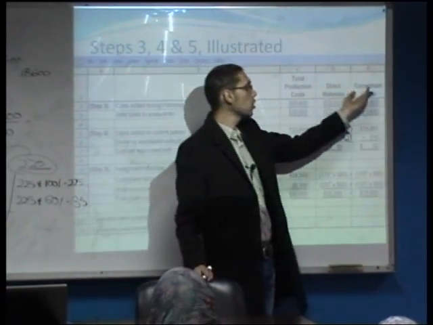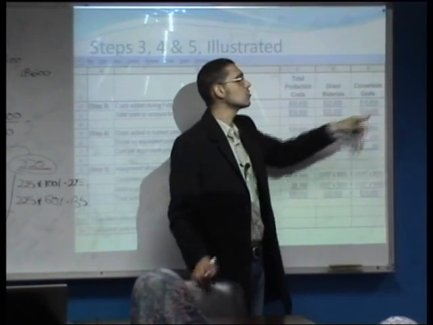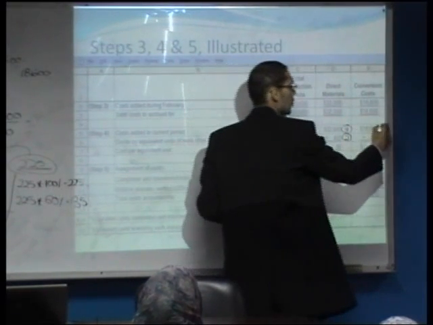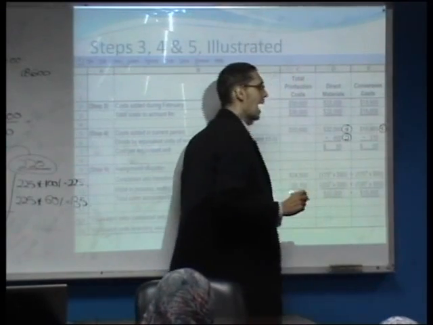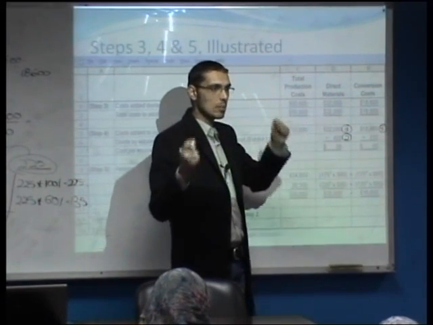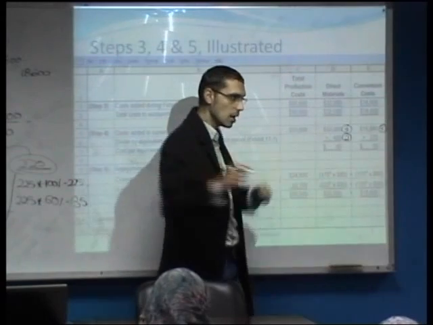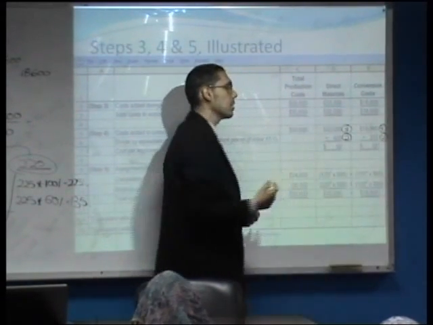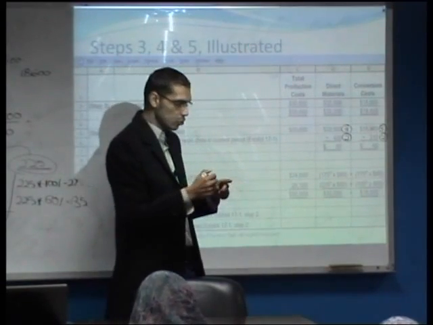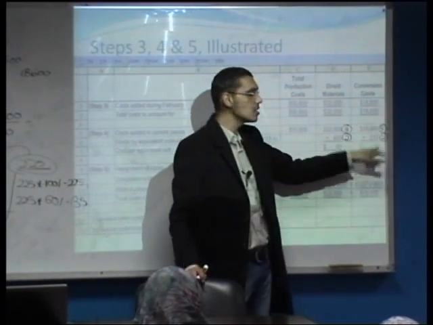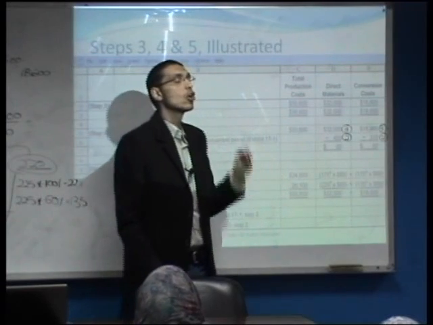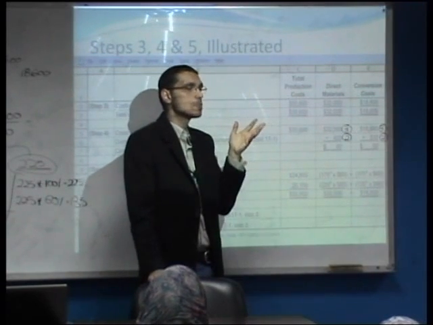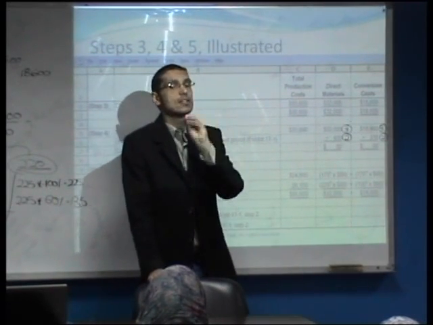Now, according to the conversion cost, the 18,600 is also from step number 3. And the 310 is the total number of equivalent units in step number 2. Therefore, dividing the amount in step number 3 by the amount in step number 2, we would get $60 as the conversion cost per equivalent unit.